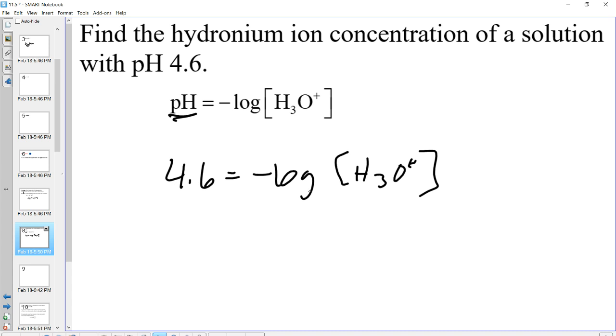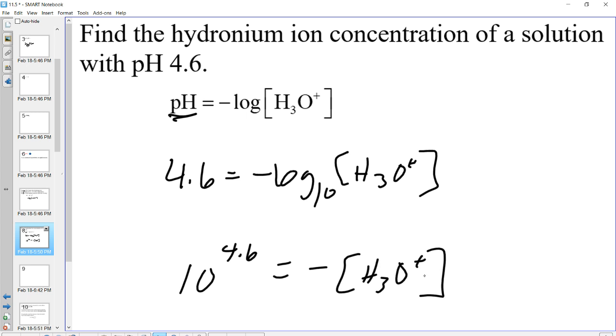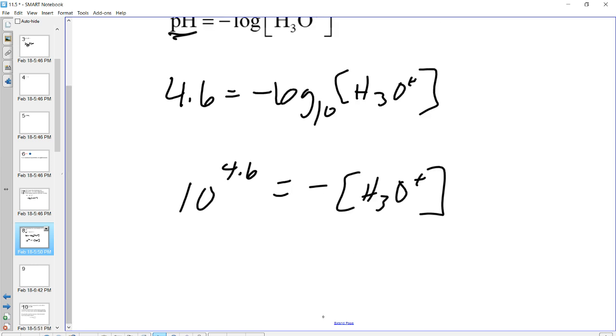I know that the base is 10 in this case, so I'm going to do 10 to the negative 4.6 is equal to the hydronium concentration. Okay, so let's do that first.